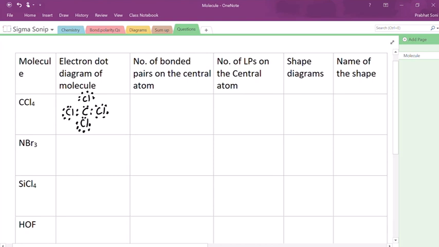Number of bonded pairs on the central atom. We can see that there are 4 bonded pairs. Lone pairs on the central atom are 0. Shape of the diagram, we know that it will be tetrahedral, so you just need to show it. You have C, you show like this, this.